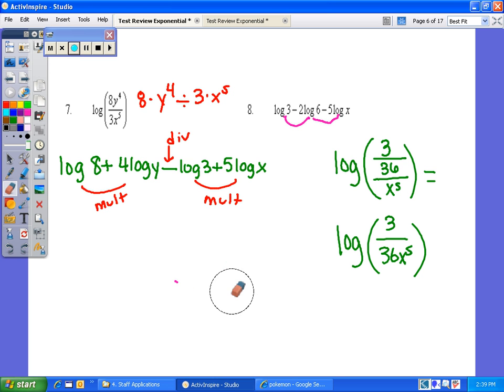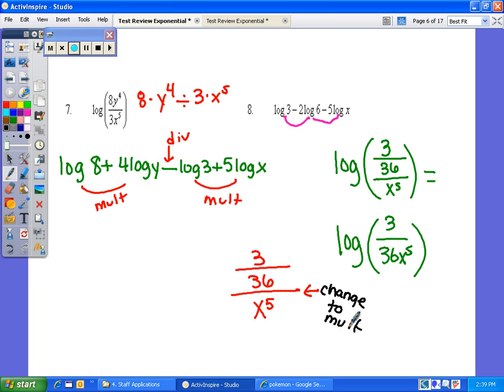Now condensing, this one was an interesting one. You wind up having 3 over 36 over x to the 5th power. Now remember last semester, or maybe even last month, we talked about the fact that you can't divide a fraction over a fraction. So the rule for that would be to change the fraction bar to multiplication, and then to write the reciprocal of the denominator.